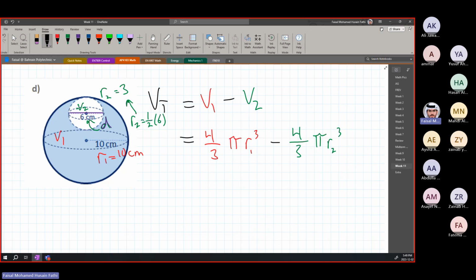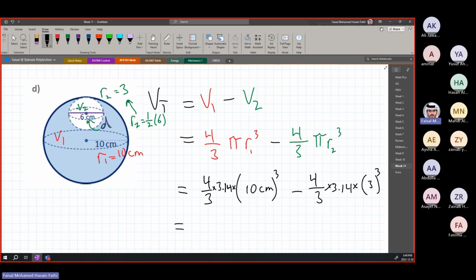Anyways, back to the solution. 4/3 pi, what's R1? 10 centimeters cubed, minus 4/3 pi, or 3.14, times what's R2? It's 3 cubed.